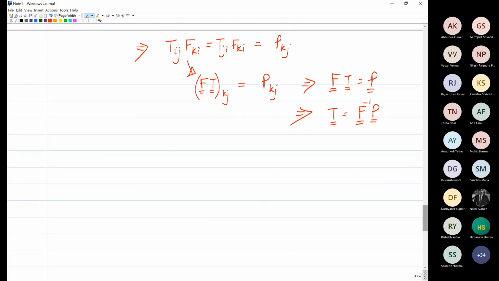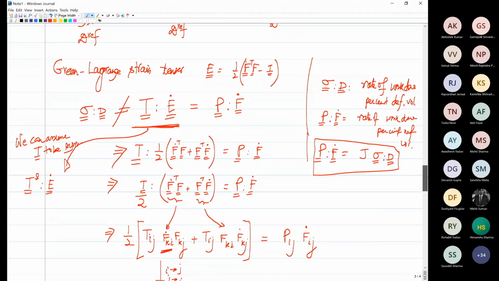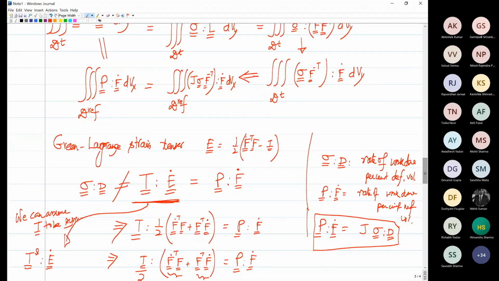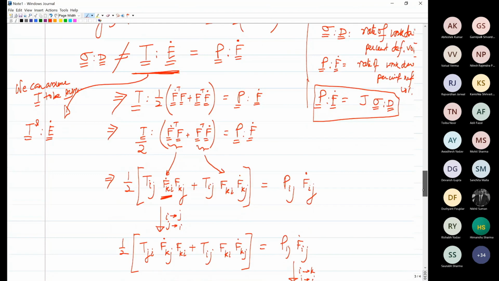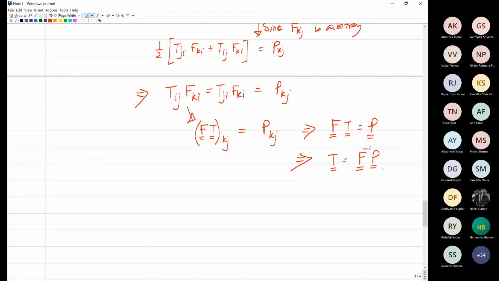I'm just done, 1 minute more. So T is equal to F inverse P. And if you further write the formula for P in terms of sigma, P in terms of sigma F inverse transpose, yes. So T is equal to J times F inverse into sigma into F inverse transpose.